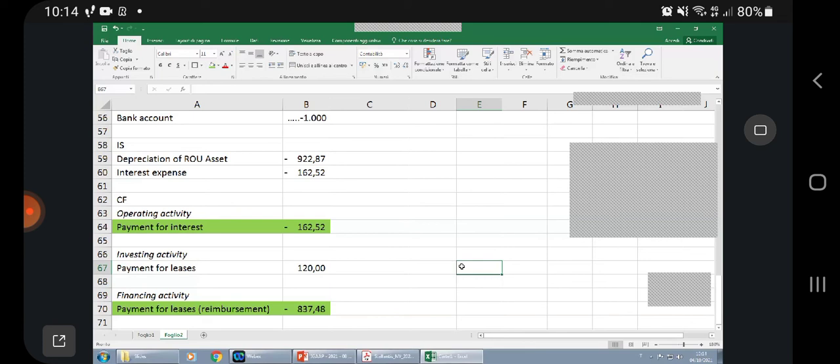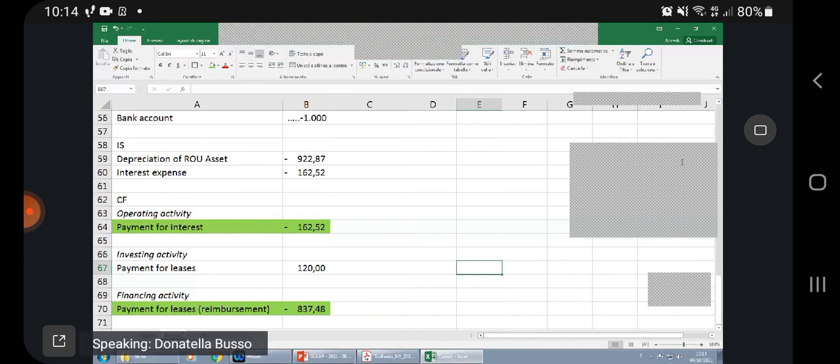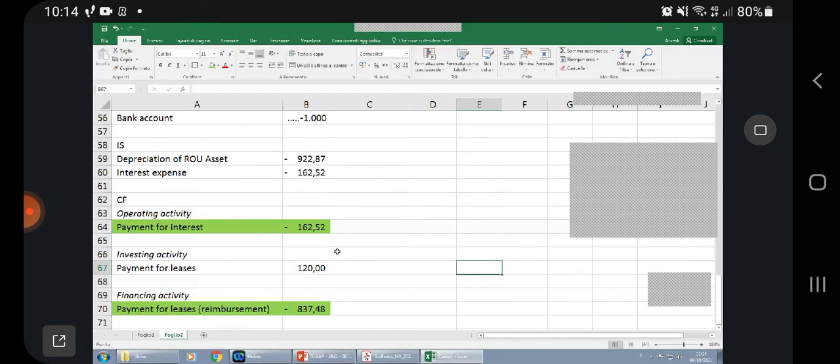The reimbursement, on the other hand, it is mandatory to show the reimbursement in the financing activity, because this is the reimbursement of a debt. Is it clear? In the financing activity you will find all the inflows and outflows due to movement in debt.